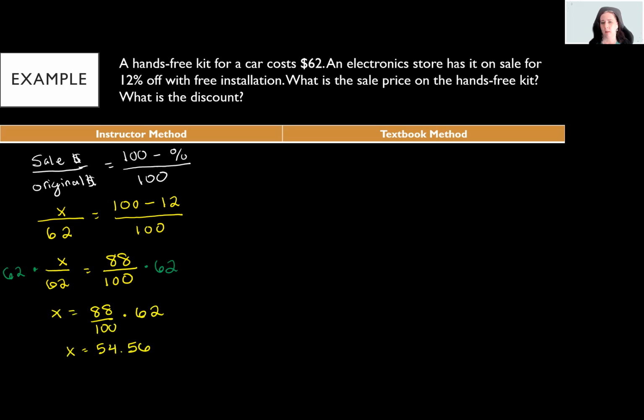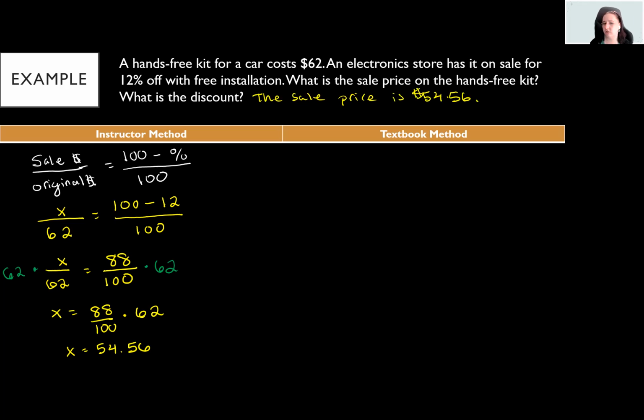So we have to go back to the question. There are 2 questions here. First, what is the sale price on the hands-free kit? And then what is the discount? We just found the sale price. The sale price is $54.56, and I'm going to include my dollar sign to give it units. Now, when it's asking for discount, it wants the dollar amount of the discount.